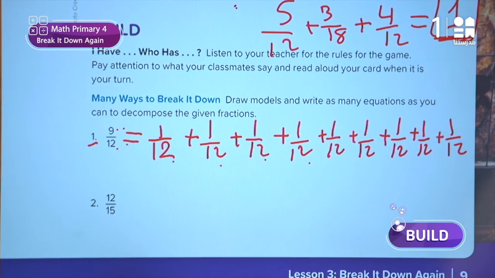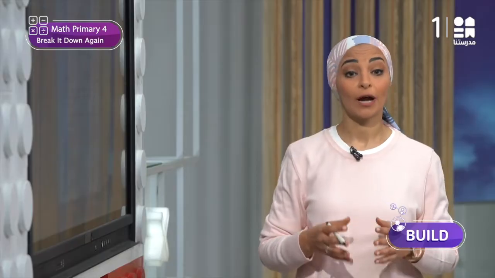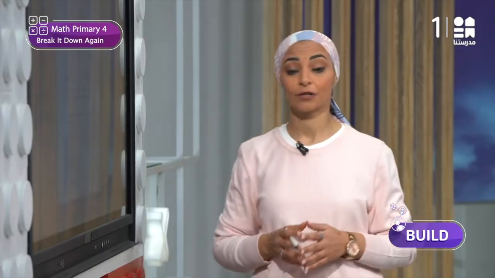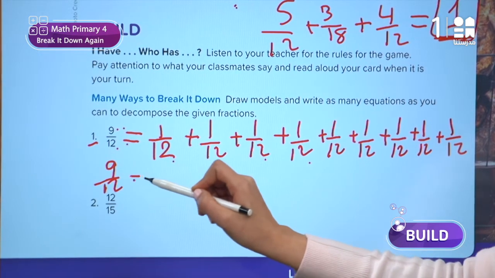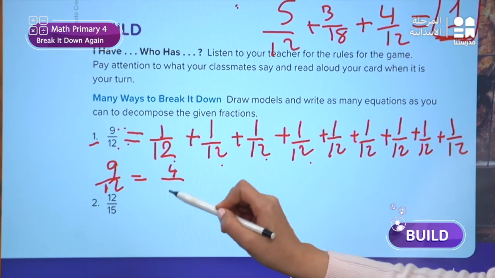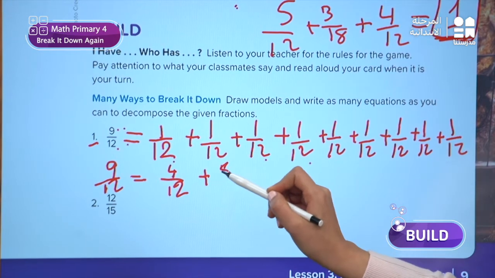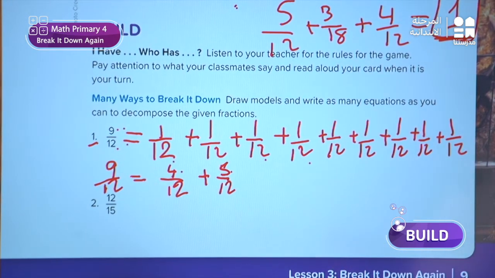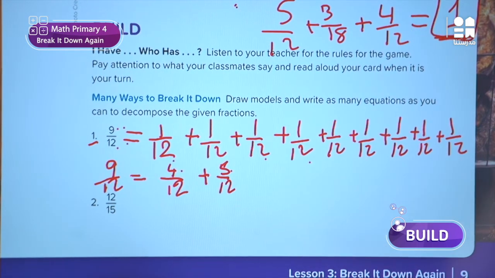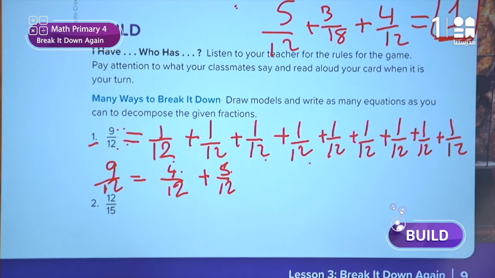Okay, now by the way, I can break down 9 over 12 in a different way. I can say 9 over 12 equals 4 over 12 plus 5 over 12. Isn't 4 plus 5 equals 9? So 4 over 12 plus 5 over 12 equals 9 over 12.